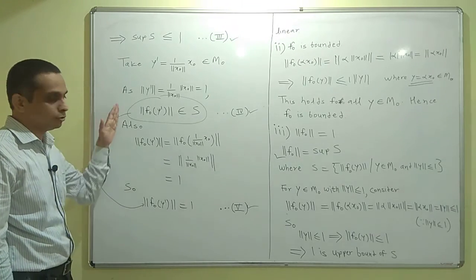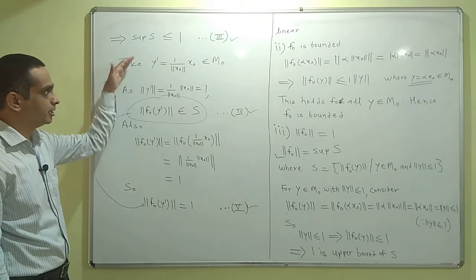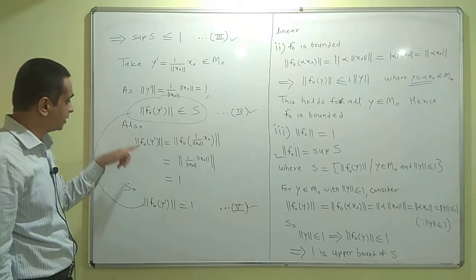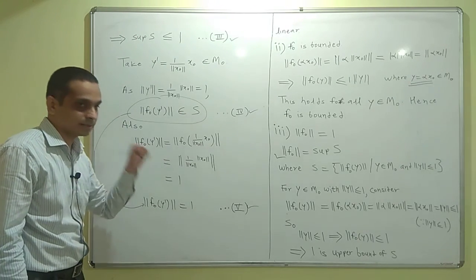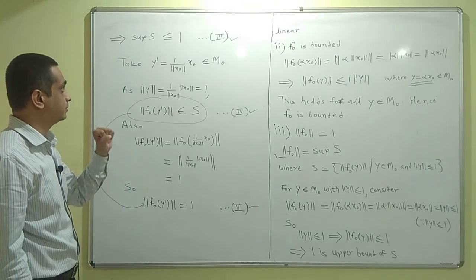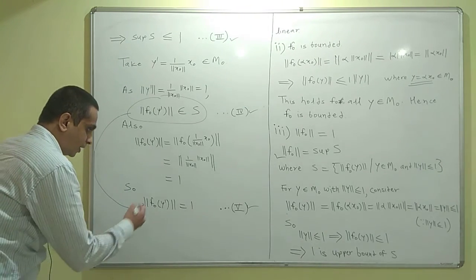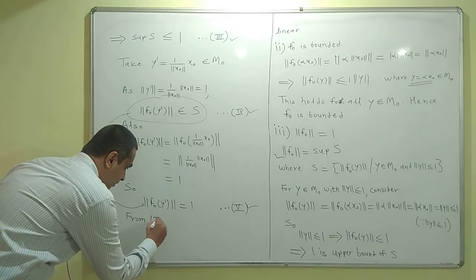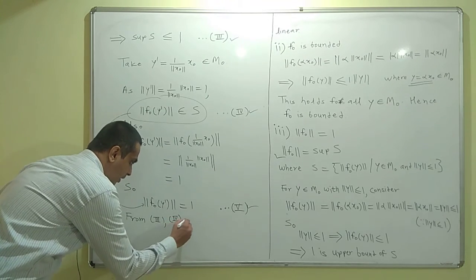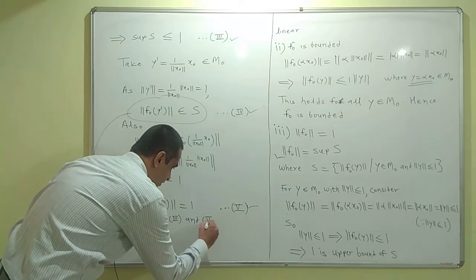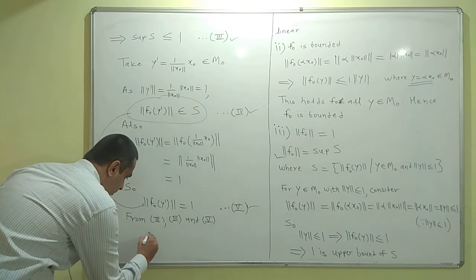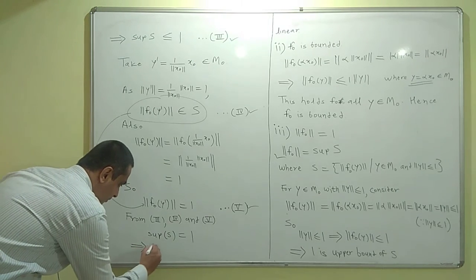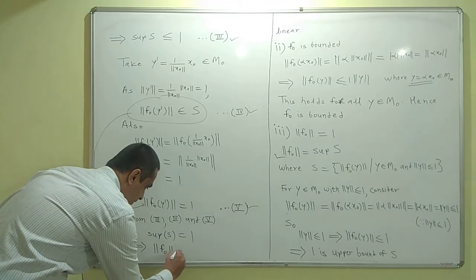I have made it very easy for you by splitting the things in a number of steps. Supremum of S is less than or equal to 1 and there is actually one element, norm of f0 y dash, having value 1. So from the third, fourth and fifth, we can conclude that supremum of S is equal to 1. But what is supremum of S? It is nothing but norm of f0, which equals 1.